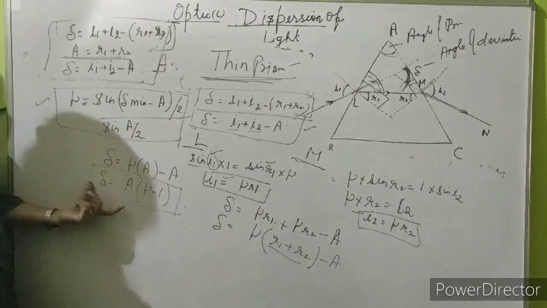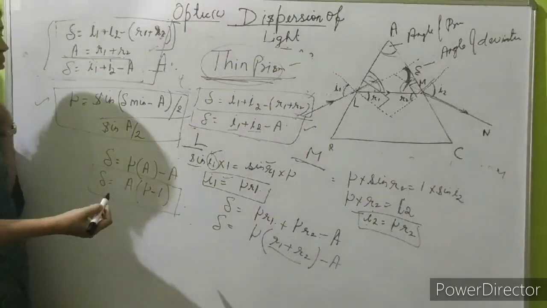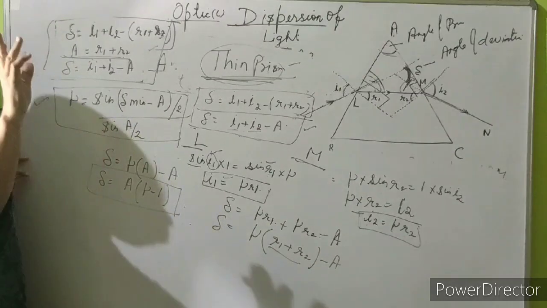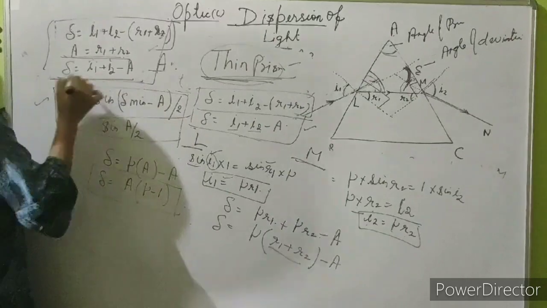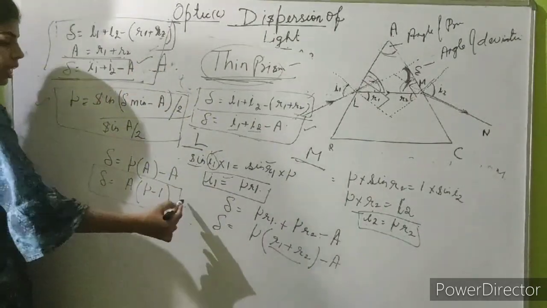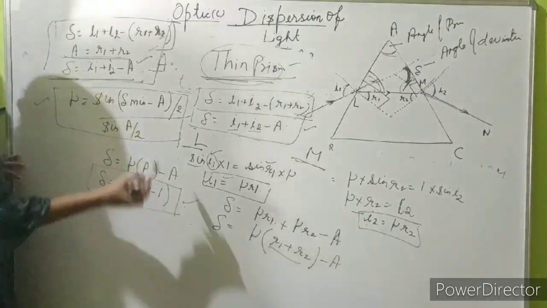So this was the expression for the thin prism. Now we have two formulas for the angle of deviation. This is the first formula and this is the second formula. Where do we use which?